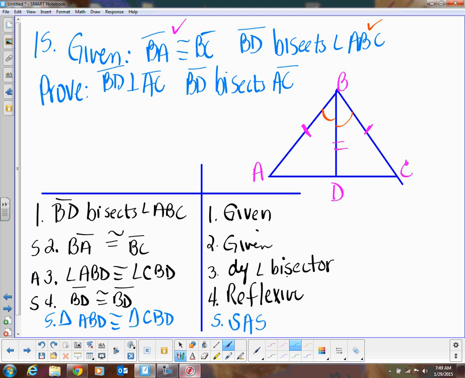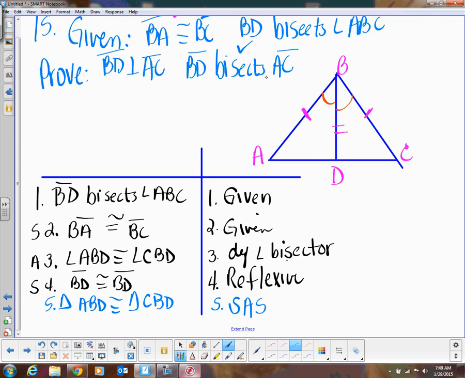All right. Now, this is where we need to prove this bisects. If something bisects AC, what must be true? For this to bisect, what must be true? AD must equal DC. So we're going to say that AD is congruent to DC, and that's by corresponding parts of congruent triangles are congruent.